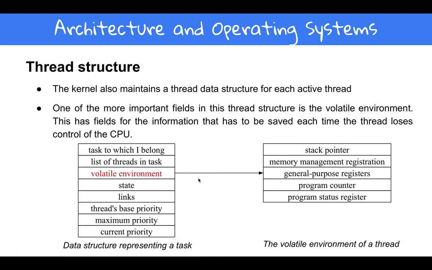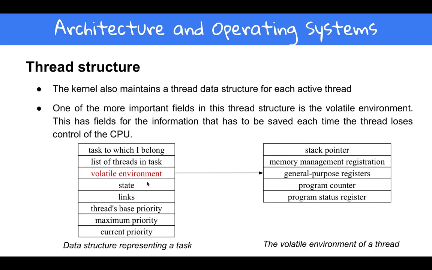One of the more important fields in the thread structure is the volatile environment, as I mentioned here. What is the volatile environment? As I said, I will explain it shortly in more detail. When a thread is blocked, we've got to save some information regarding that specific thread.